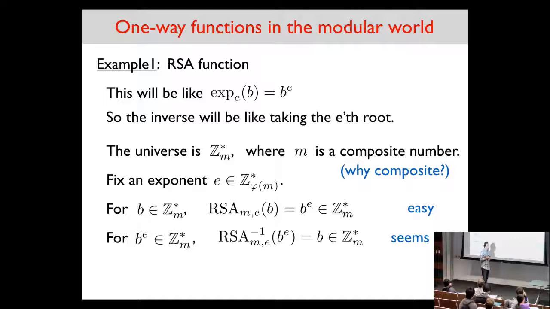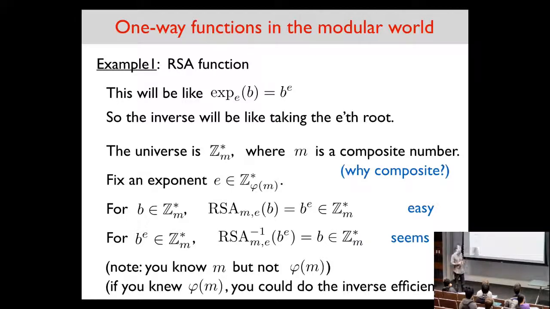Second one, inverting this, seems hard. I cannot prove to you it's hard. There's no such proof. All we can say is we've tried for a very long time, and it seems hard, like we cannot do it. Now here's a little note.